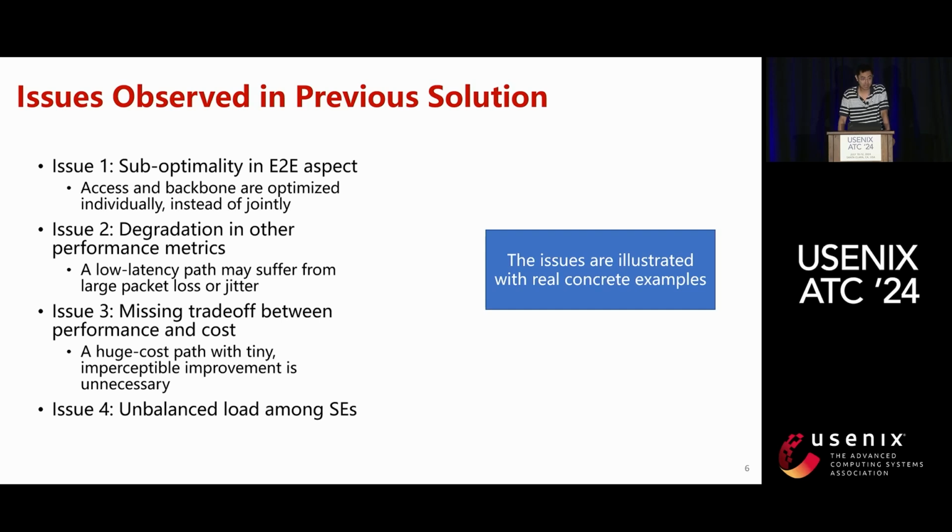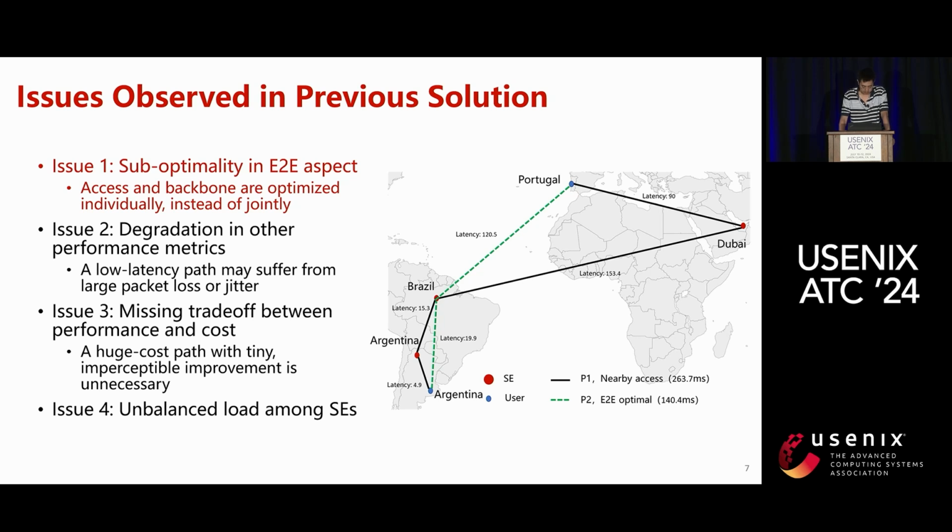However, in our hybrid deployment, we do find many issues, and all these issues will be illustrated with real concrete examples. First, it leads to suboptimal end-to-end performance because the access and backbone networks are optimized individually instead of jointly.